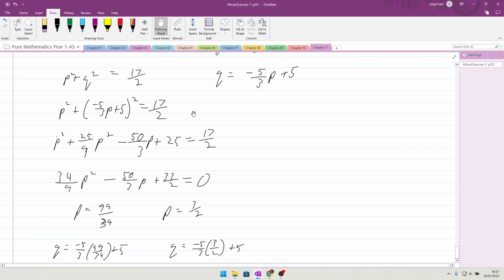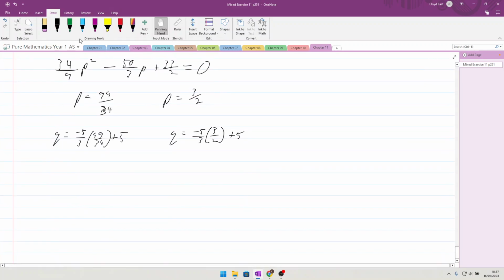And when we work both of them out, minus 5 divided by 3 times 99 over 34, minus 165 over 34 plus 5 is 5 over 34.